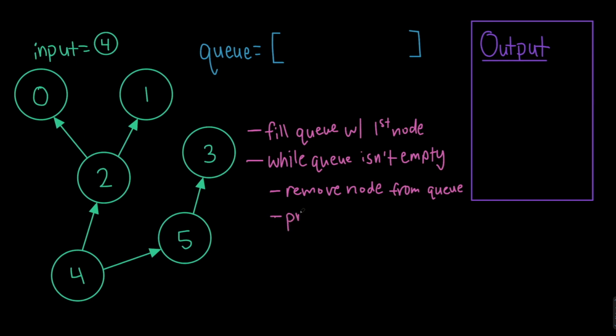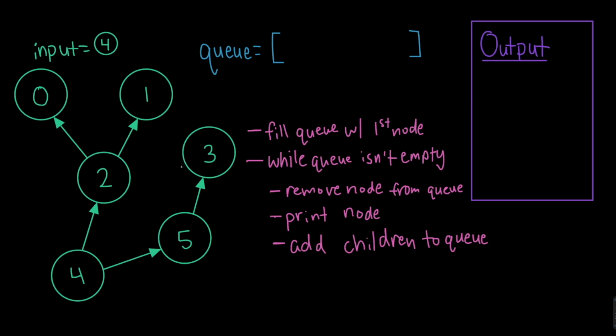So let's just say print node. And then, if you remember what we would do in the previous videos, we have to add all of the children to the queue. So that's the next step, add children to queue. And that is actually all. This is the core of the BFS algorithm, and you'll see this appear over and over again in code.